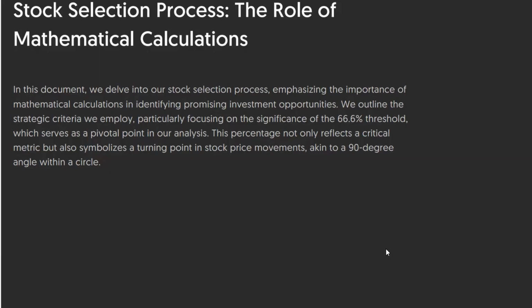I've already mentioned in my video how to calculate. The first thing, you need to calculate the square root of the closing price of the stock, and then multiply it with 66.6.